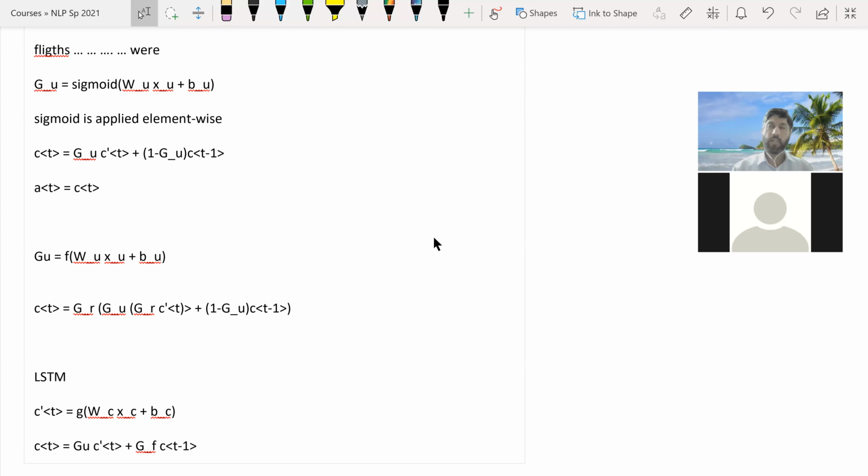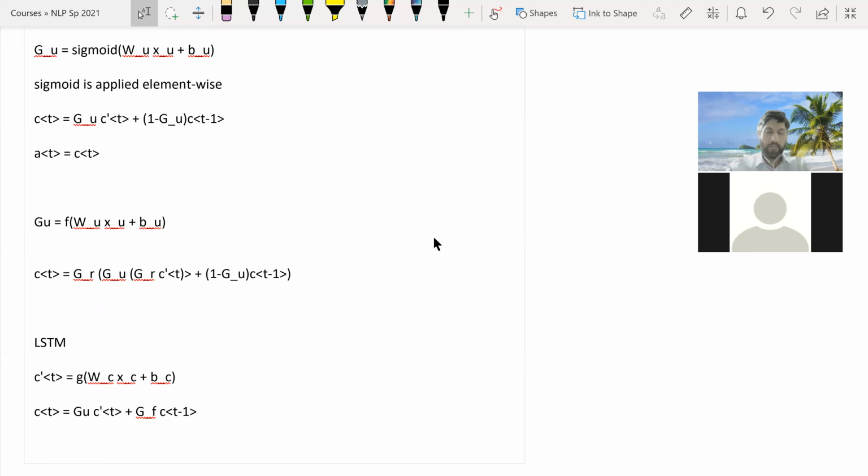So now instead of G_F being 1 minus G_U, previously complementary, you have a separate gate for the information that you want to pass from the previous time step. So that is controlled independently as compared to the update gate. And of course, these gates are computed in the same way.